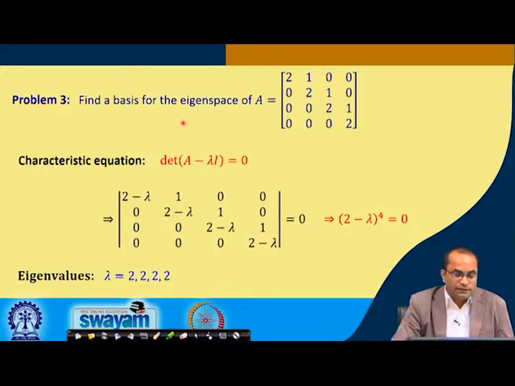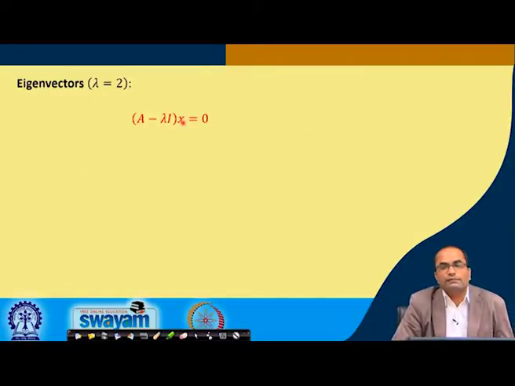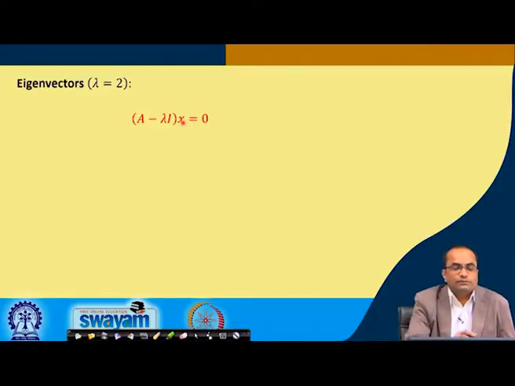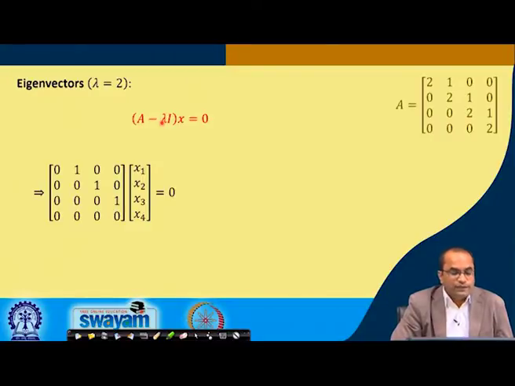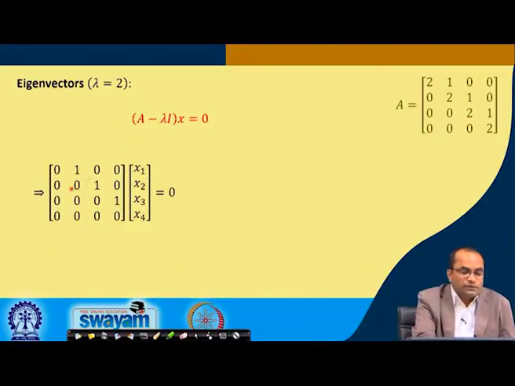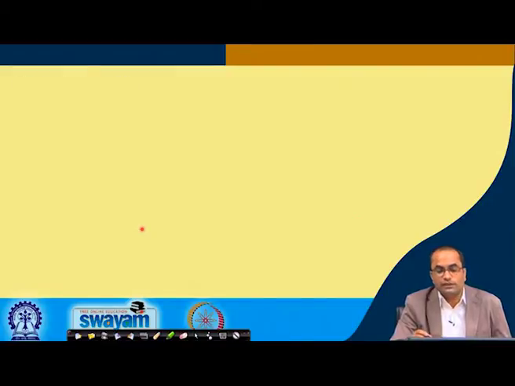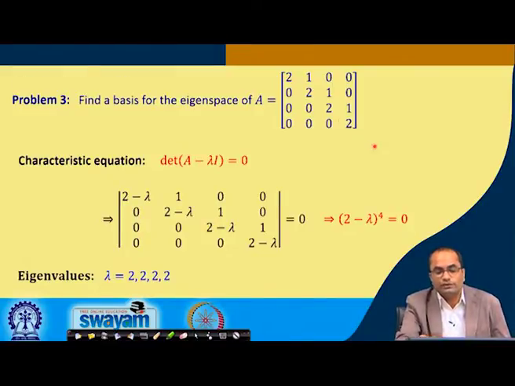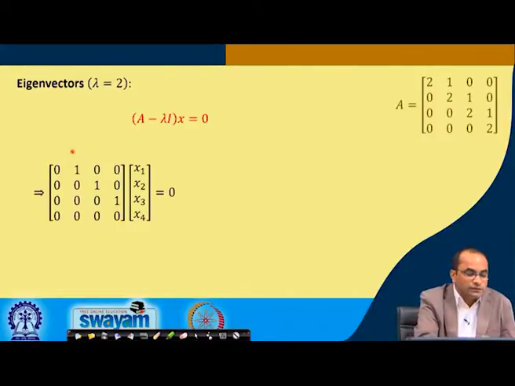To get the eigenvector, we have to set up (A minus lambda I) x is equal to 0, this system of equations corresponding to lambda equal to 2. Because this 2 will be subtracted from the diagonal entries, and our matrix was having this 2 in the diagonal entries, these diagonal entries will become 0 now.